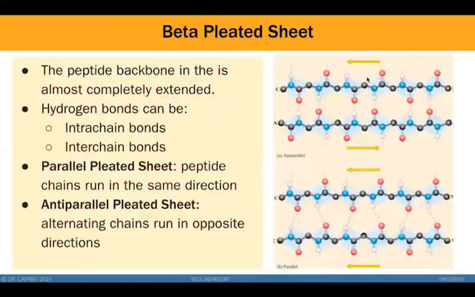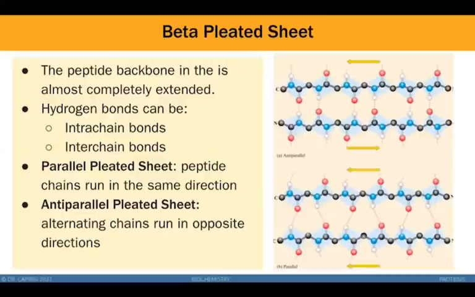Now let's move on to beta pleated sheet. So in this beta pleated sheet, the peptide backbone is almost completely extended. And the hydrogen bonds can be, again, intra-chain or interchain. It can be within that polypeptide chain or with the other peptide chain. And we have two types of beta pleated sheet.